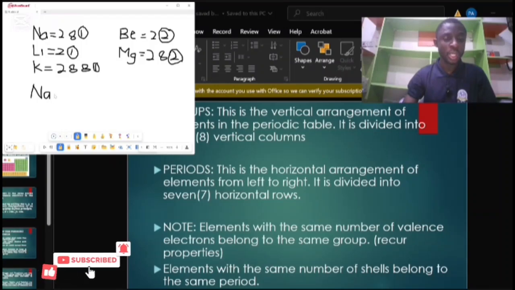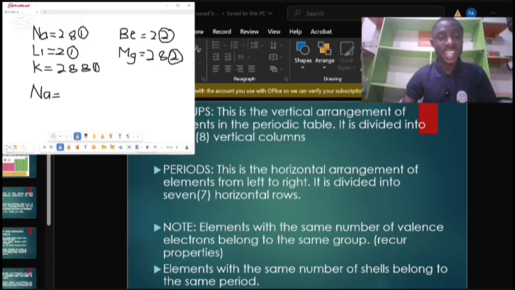If you look at the number of shells of sodium, sodium is 2, 8, 1. This is 1, 2, 3. These two electrons will be in the first shell, the 8 electrons will be in the second shell, and this 1 will be in the third shell. So the number of shells of sodium is 3.